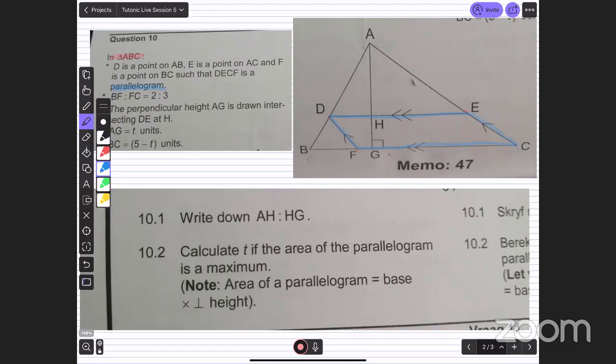Great. And now it says that BF over FC is 2:3. So here's BF, and there's FC. You guys see that? They're saying the ratio is 2:3. So is it permissible for me to write this?